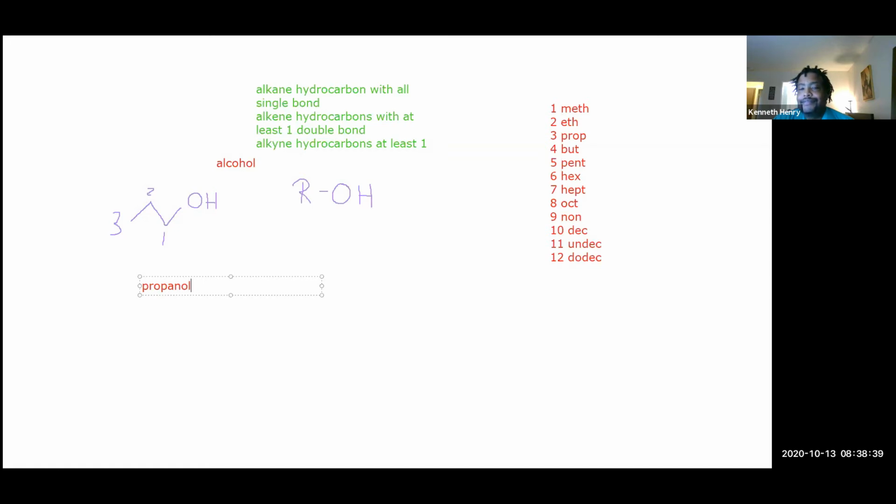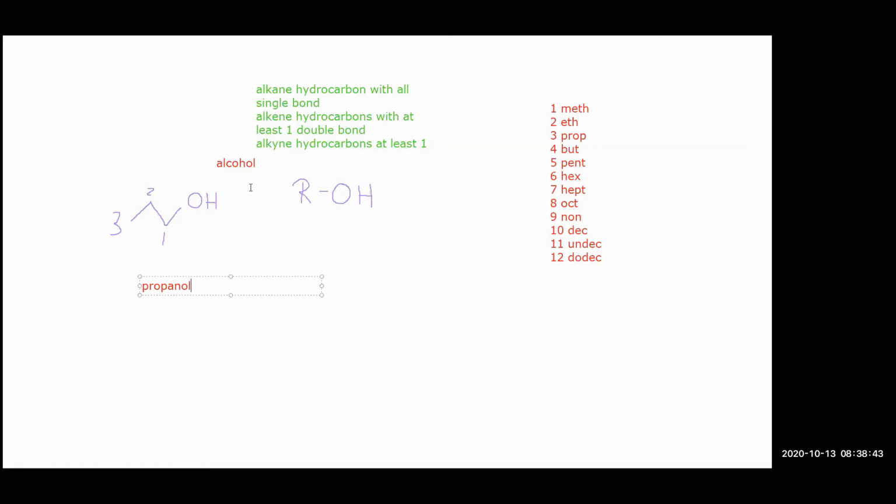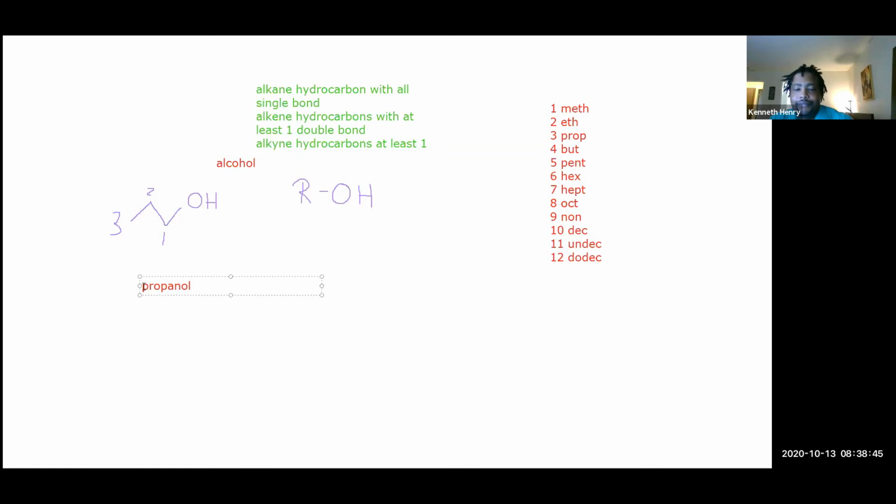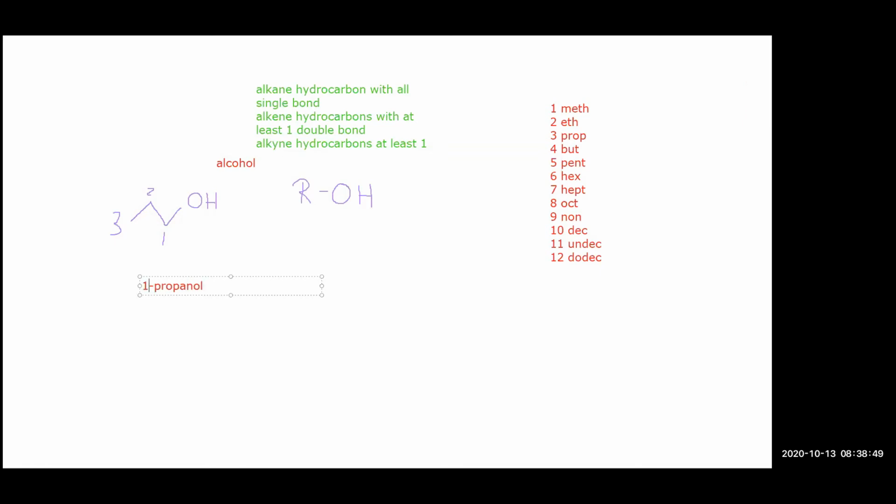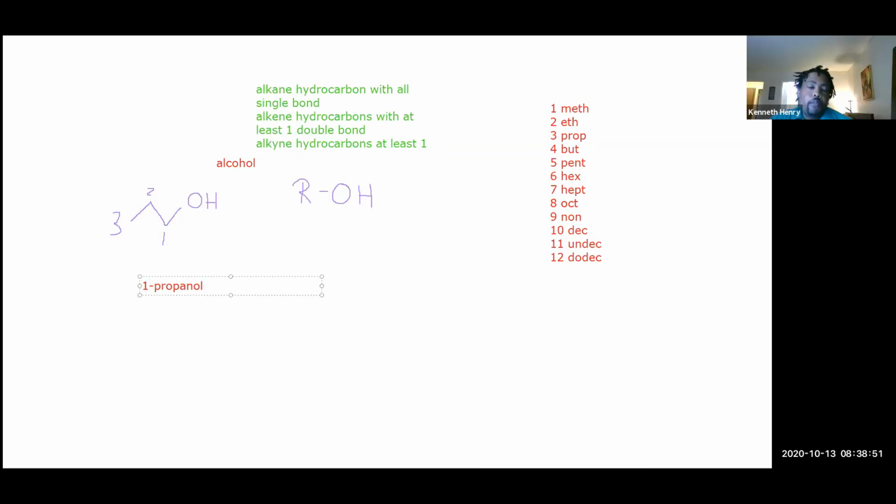Isopropanol. Maybe sounds kind of familiar. Rubbing alcohol. Oh yeah, isopropanol. So this guy's called 1-propanol because the alcohol is on that first carbon.